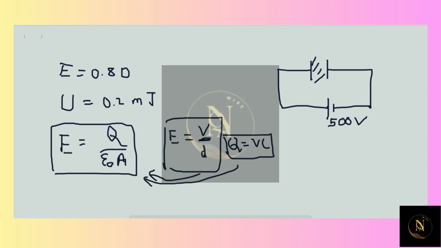Now the unknown quantity is capital A, so we need to find A. What we are given is that the energy stored in the capacitor is 0.2 millijoules. We know the energy stored in the capacitor is half QV.